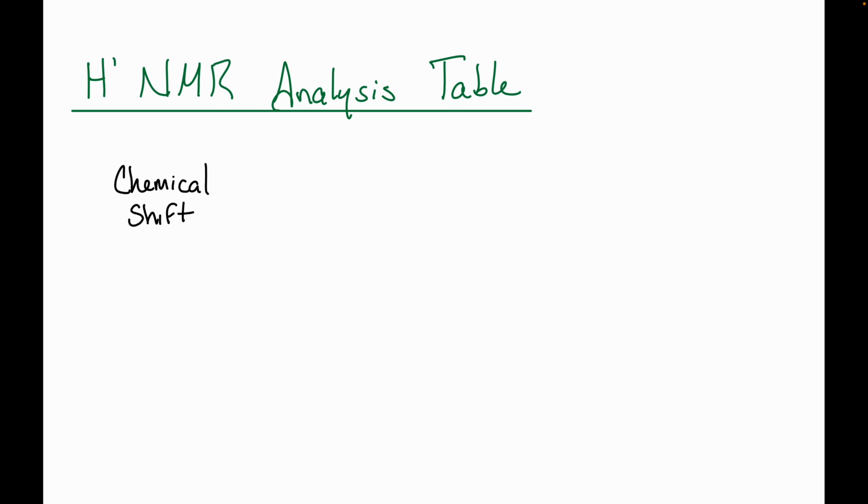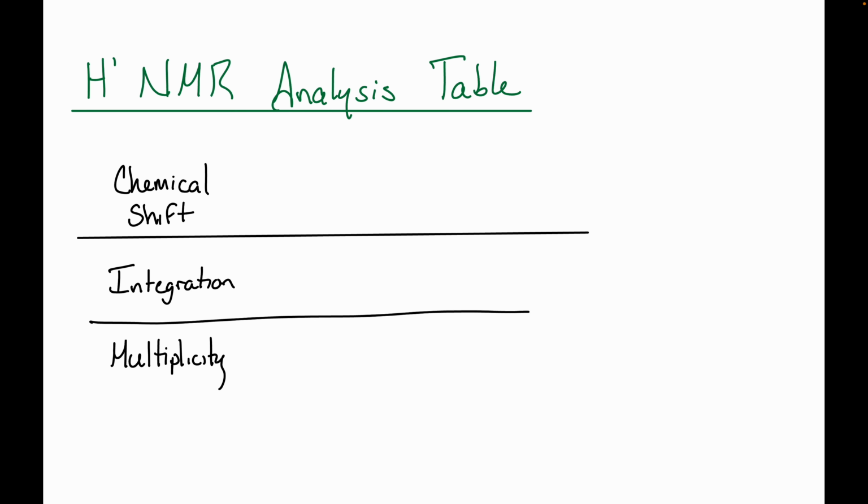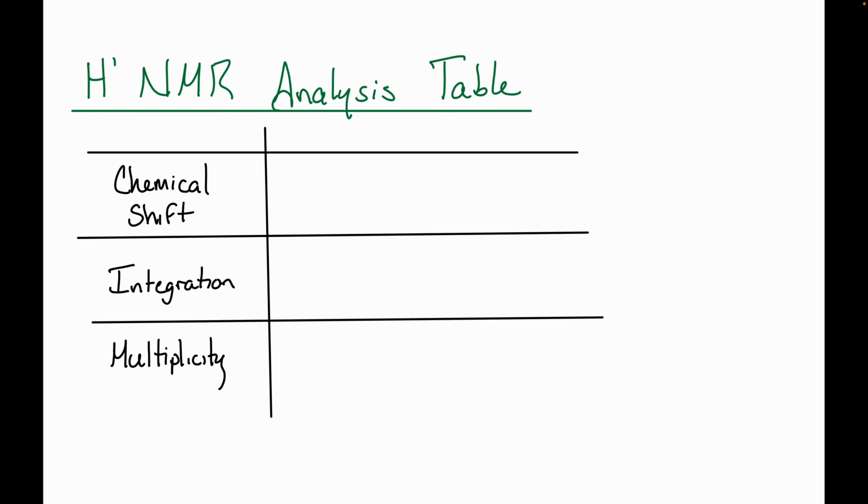We're going to note its integration and its multiplicity. And we're going to do that for both peaks on that NMR. So I'll make a column for peak A and a column for peak B.